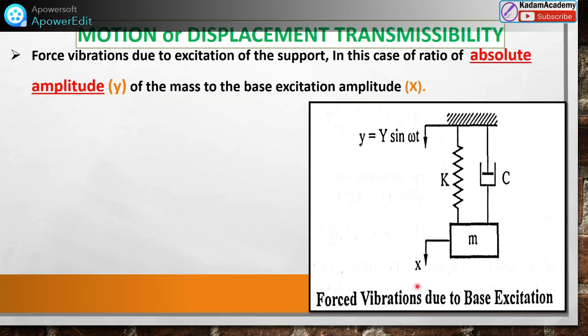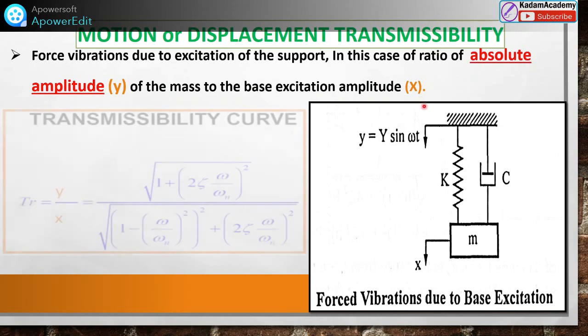The ratio of y by x is nothing but the motion transmissibility. This definition I already gave under forced vibration due to excitation of support: the ratio of the absolute amplitude y of the mass to the base excitation amplitude x.